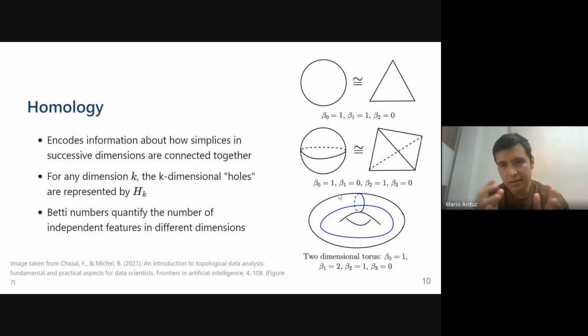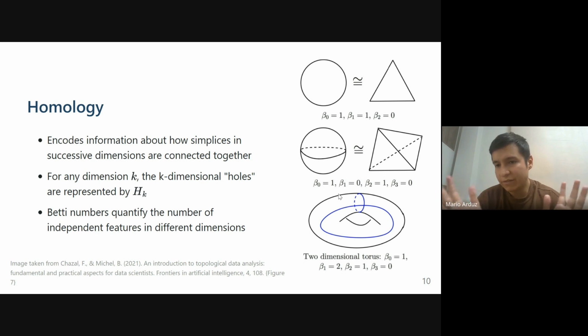But in this case, we can use these k-dimensional holes that are represented by the Betti numbers of a particular shape to also have a quantitative number that can later be used in models for us to make classifications or the different type of tasks that we are interested in.